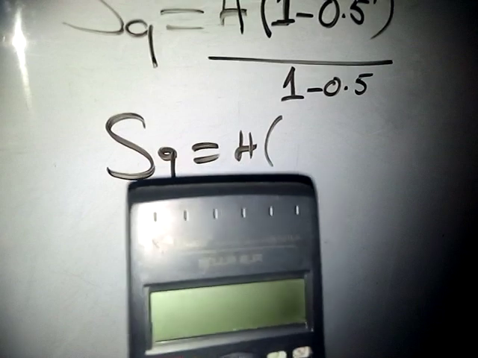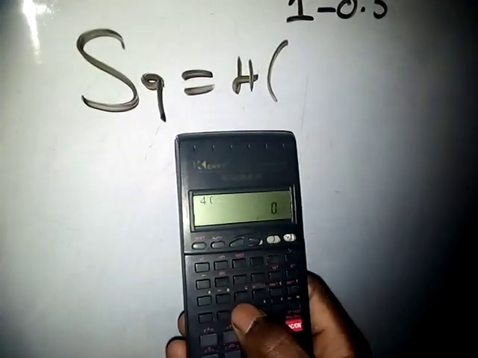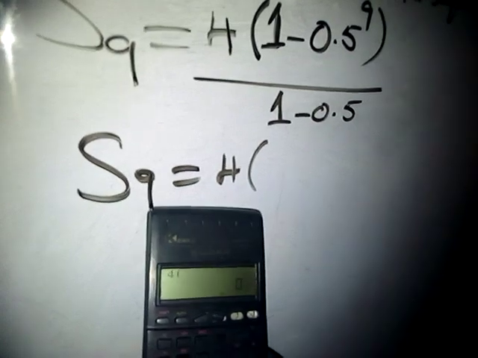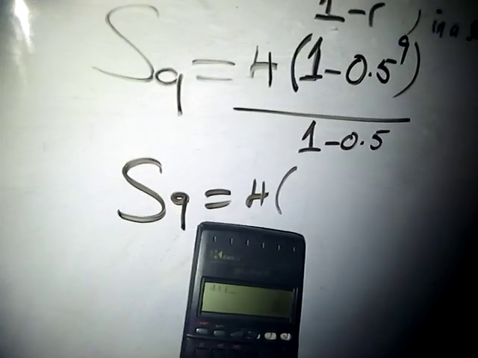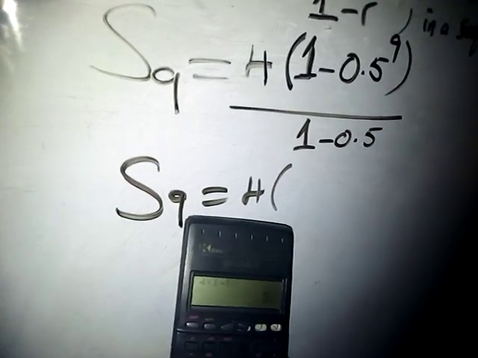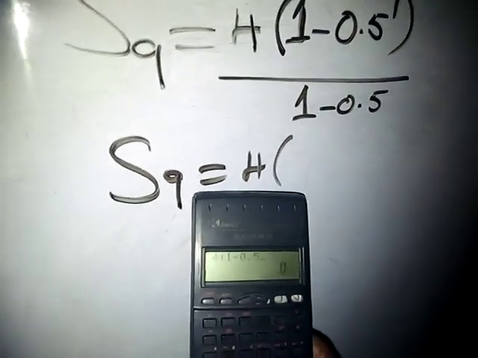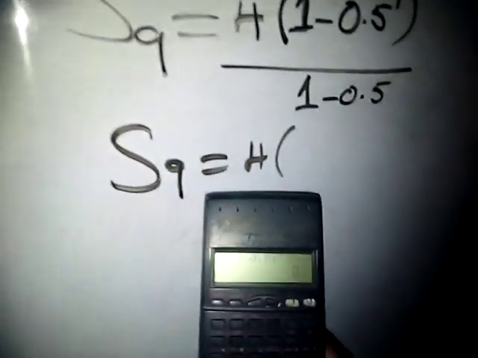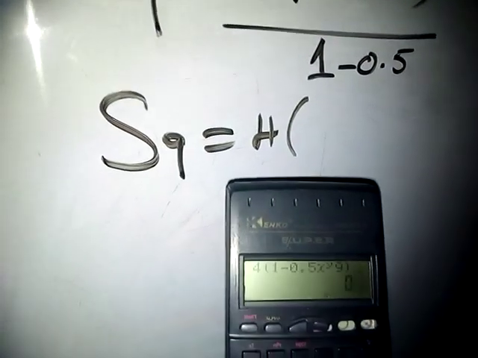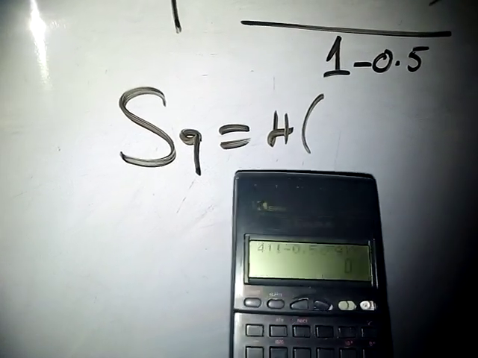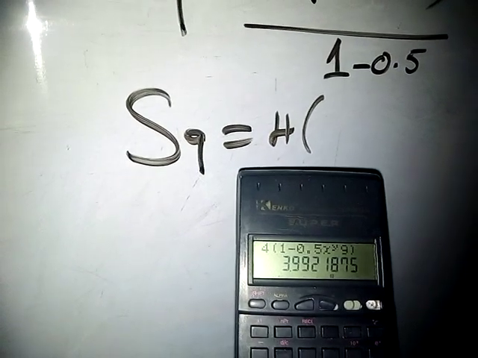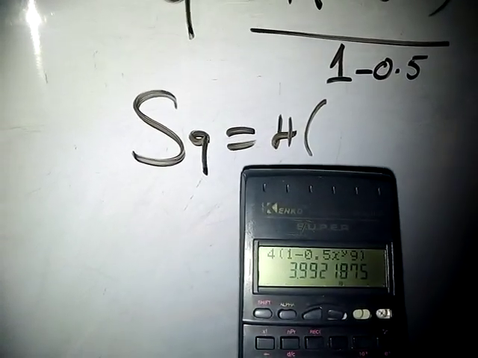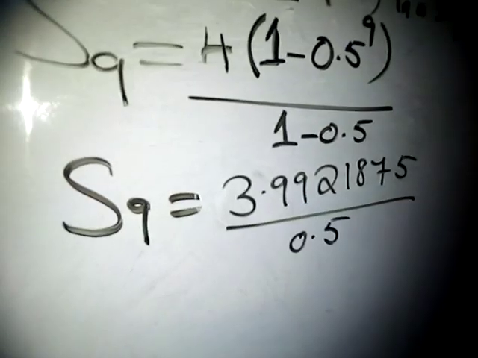Then we open the brackets, then inside we're going to say 1 minus 0.5 to the power 9. Then we close. Are you seeing this? This is our numerator. Then say equals to. Then everything we divide by. You could write that. This is what you do.